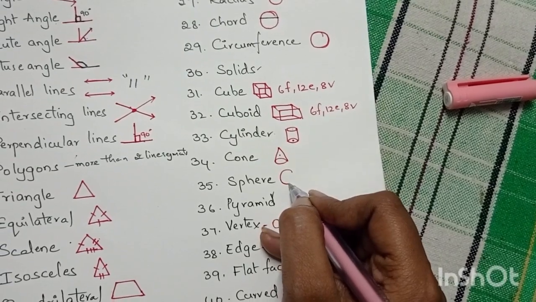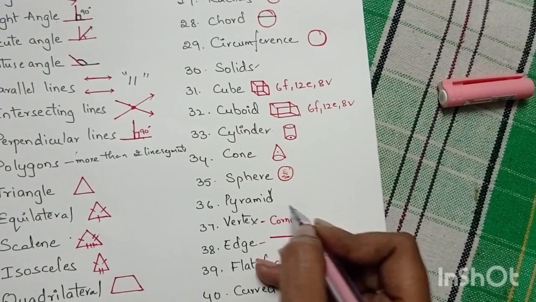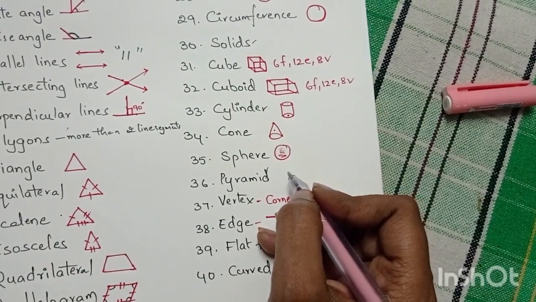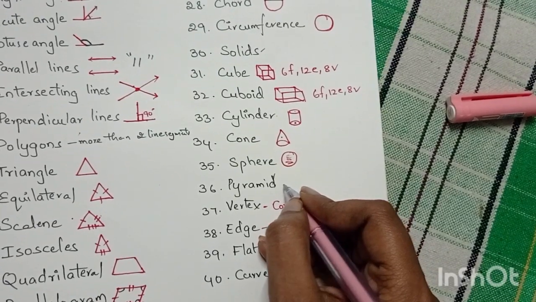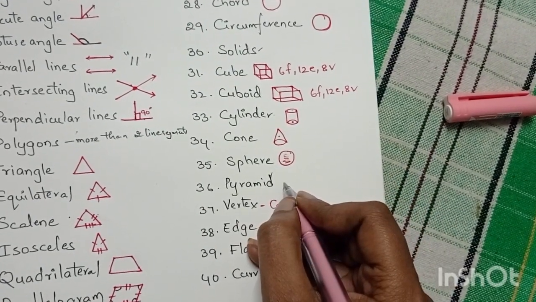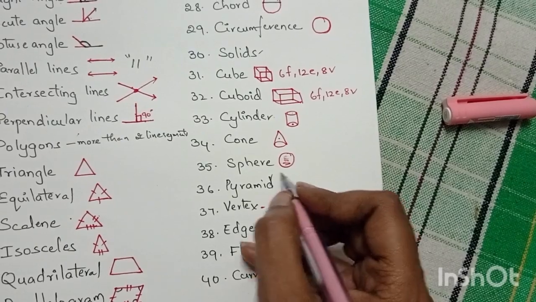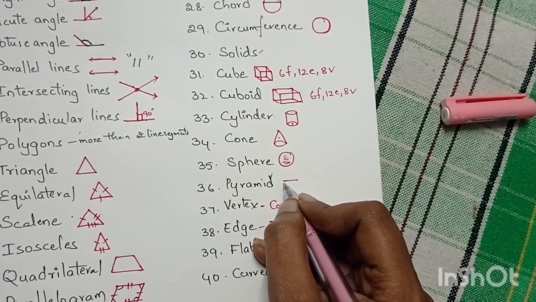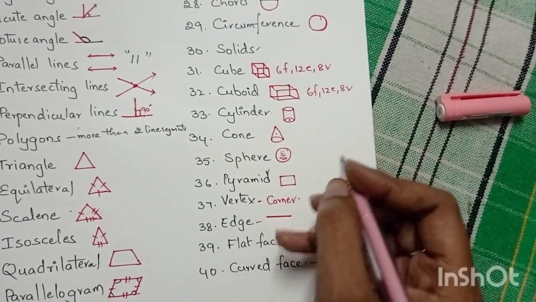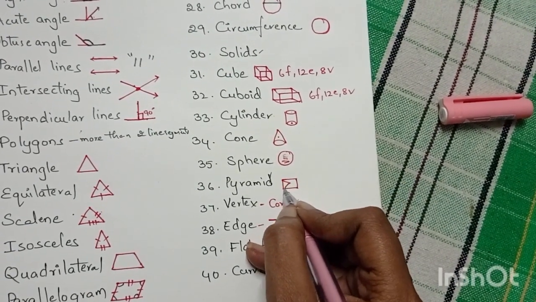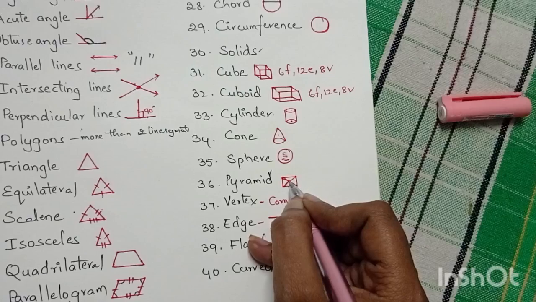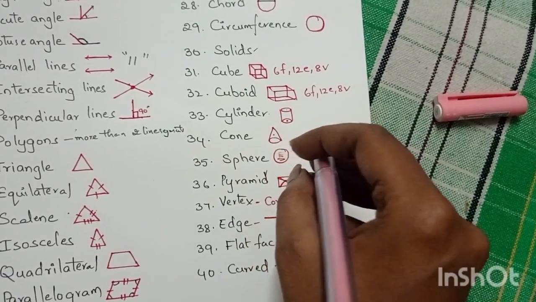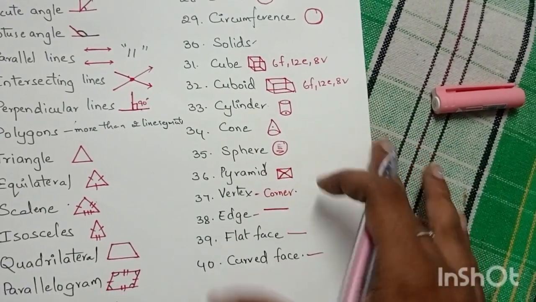And in a sphere, we know it is only one curved face. No corners, no edges. In a pyramid, we have different kinds of pyramids where base will be different. If you take a base as square, all 4 sides you will be having triangles. That we call as a pyramid.